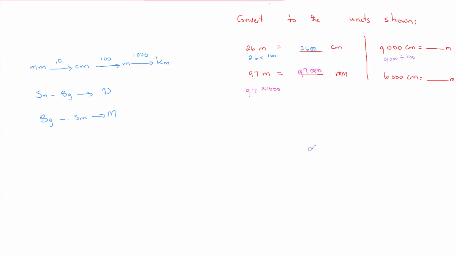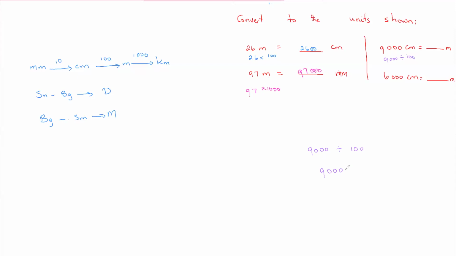Now, if we're dividing 9,000 by 100, look at what we can do to make it easier. There are two ways you could look at it. Remember when we did fractions and decimals and percentages, we saw that anytime we divide by 100, 1,000, 10, etc., we move the point to the left.